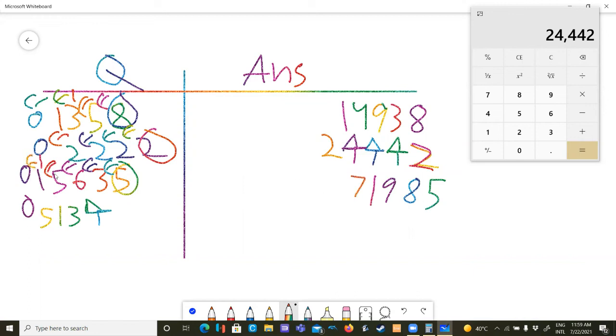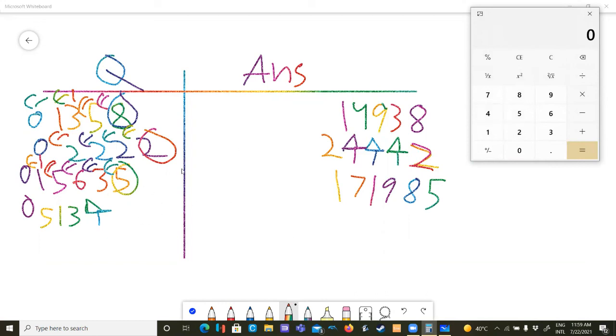Moving to 0. 0's neighbor is 1. 0 plus 1 is 1. The answer is 171,985. Let's check this in the calculator. 15,635 multiplied by 11. 171,985. The answer is correct.